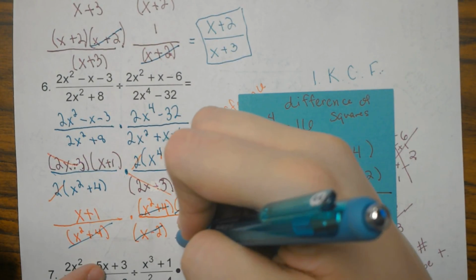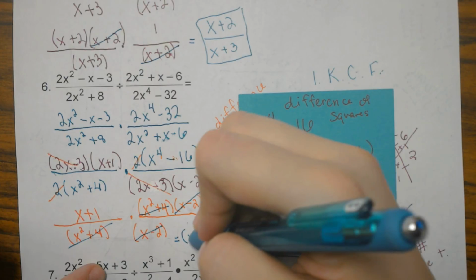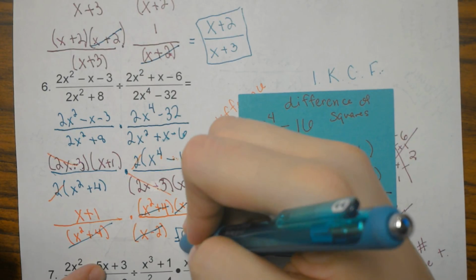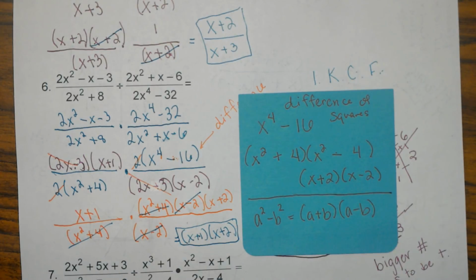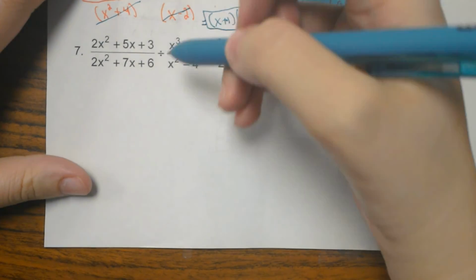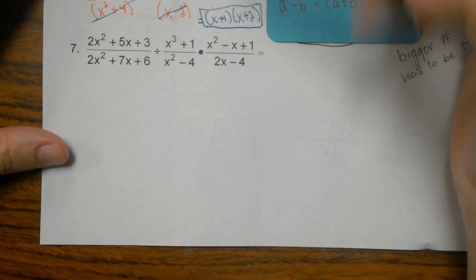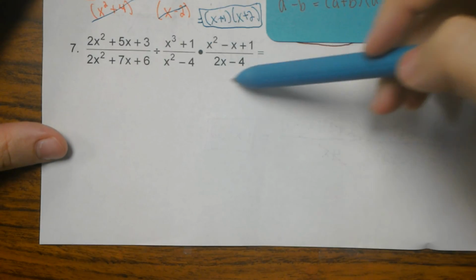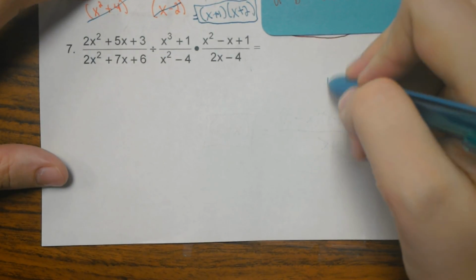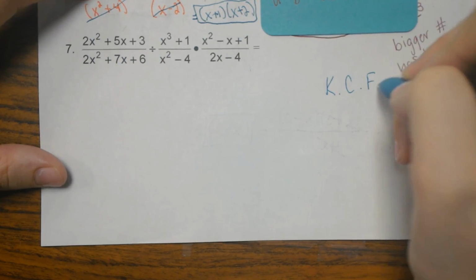And so for this one, I'm left with x plus 1, x plus 2. And this one looks like a previous problem, but you're also multiplying. So you're dividing and multiplying in the same problem.